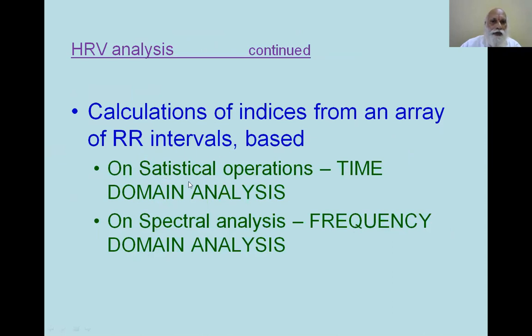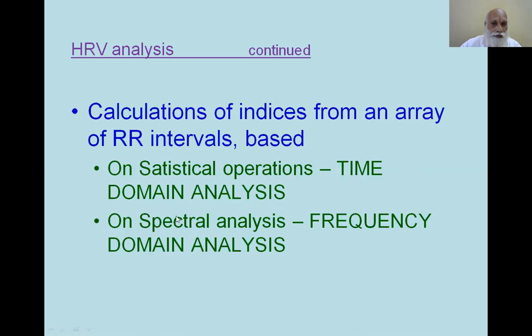Depending on the statistical operation, you call them time domain analysis. This is relatively easy, and most of us can do the calculations by looking at the definition of each index.